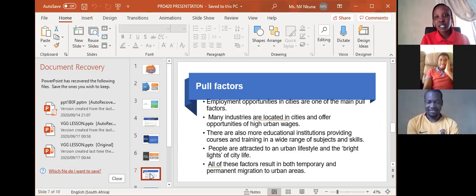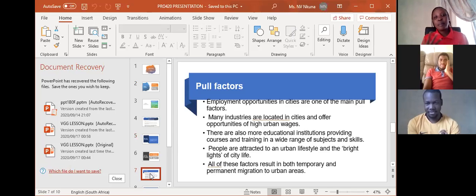Employment opportunities in cities are one of the main pull factors. Many industries are located in cities and offer opportunities of high urban wages. There are also more educational institutions providing courses and training in a wide range of subjects and skills.